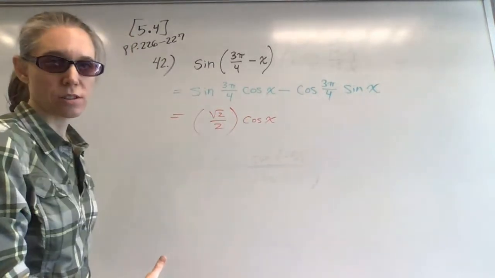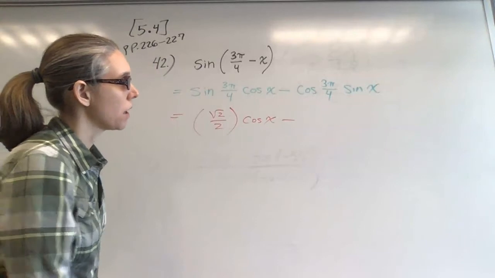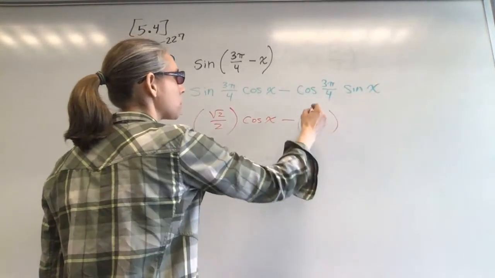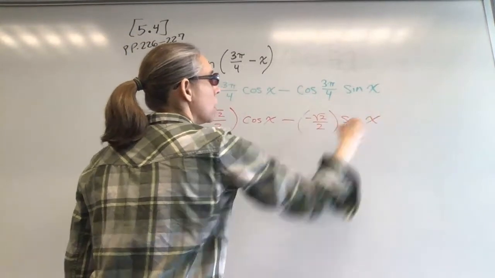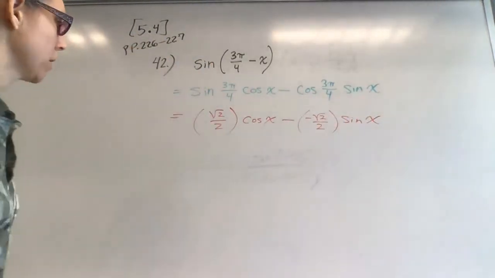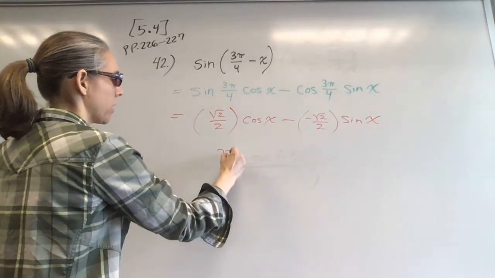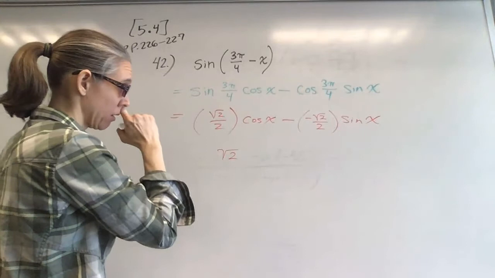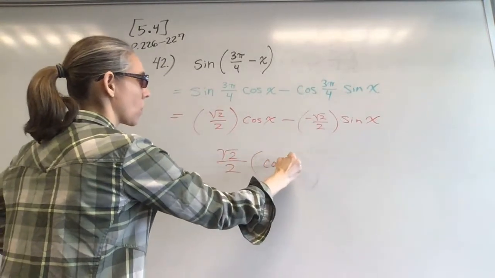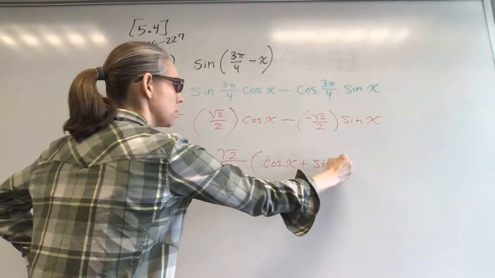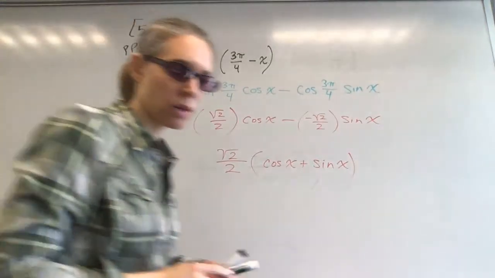Cosine x just stays cosine x. The cosine of 3 pi fourths is negative root 2 over 2. So we can simplify this into, you could write this a variety of ways. You could write this as root 2 over 2 cosine x plus sine x. I'm interested in how the book is writing their answer.